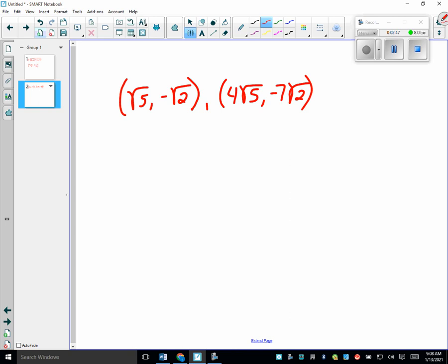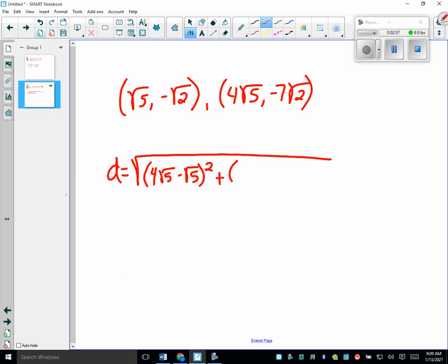Isn't the distance equal to square root of 4 radical 5 minus radical 5 squared plus negative 7 radical 2 plus radical 2 squared? Is that the way we set it up? Okay, I know that you're thinking I'll just type this in my calculator, but you're going to have to use your brain a little bit because I want an exact answer.